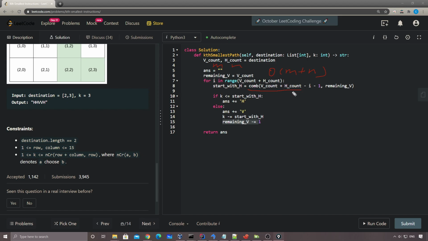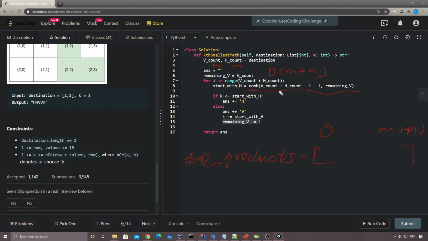The way we're calculating the combinations is by pre-calculating the pre-products from 0 to m plus n, and here it's going to be O of 1, because we'll just use the values we have previously calculated.